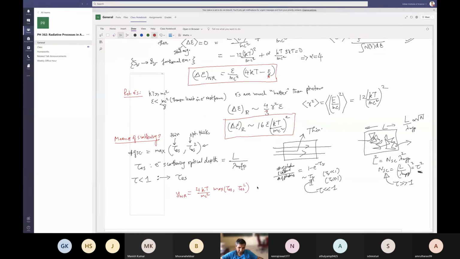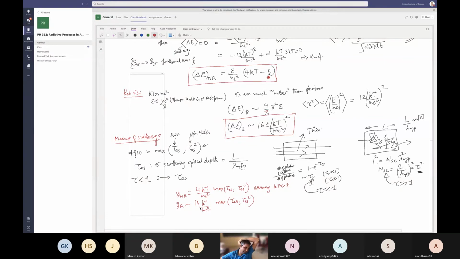Now here I'm assuming that kT is much bigger than epsilon. Otherwise, I should have taken this factor also. And y relativistic is 16 kT by mc squared, max of tau es, tau es squared.